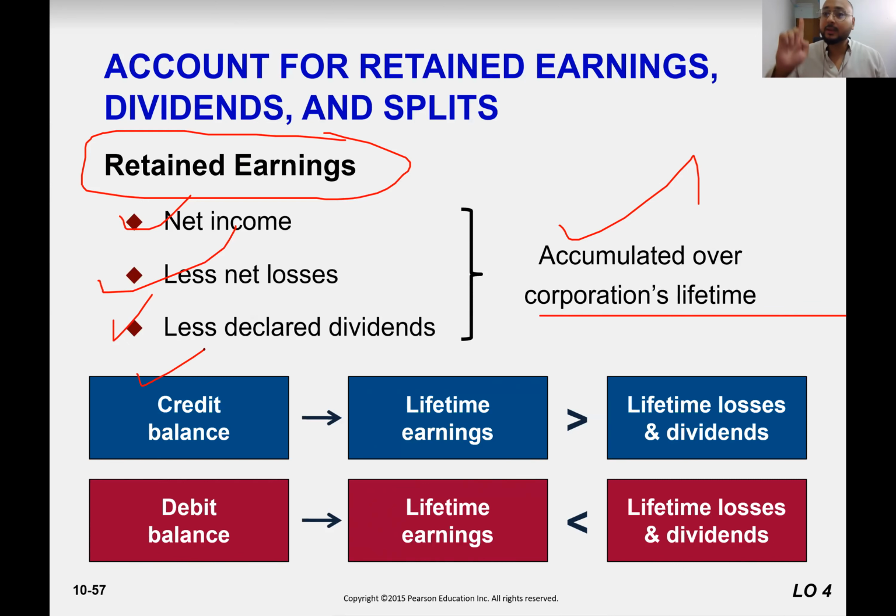If retained earning increases, it's a credit balance. If retained earning has a debit balance, and the debit balance increases, it means retained earnings are going negative. So it's a debit balance. But it will be shown under stockholder equity.